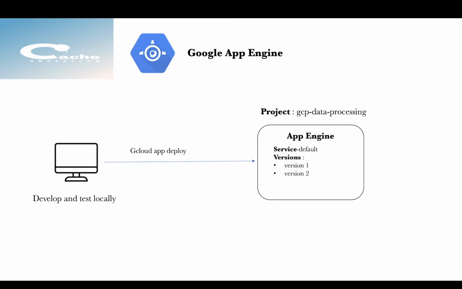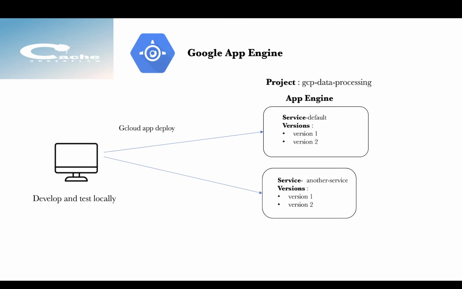So if you have two applications, let's say the first application is a basic Flask application and the second one does something else, reads data from BigQuery, does some transformation and returns a JSON response. If you deploy the second application the same way we did the first one, it's going to override the first one. All right. So how do we go about this?